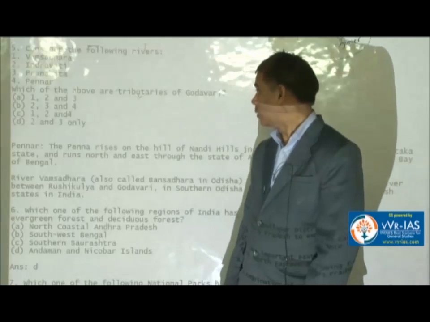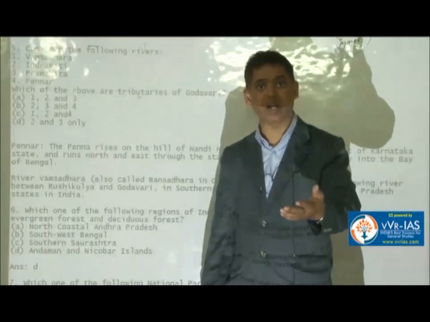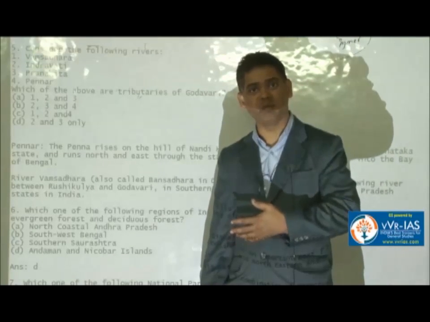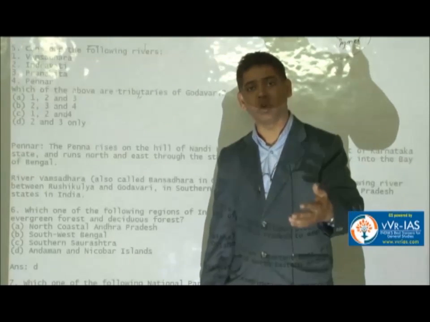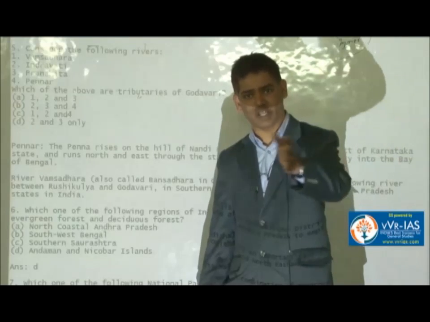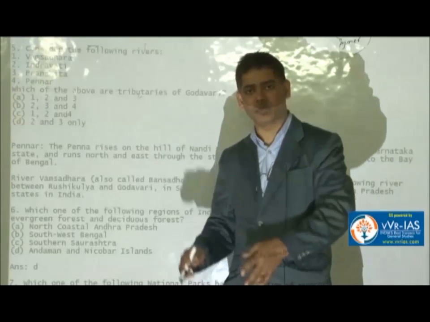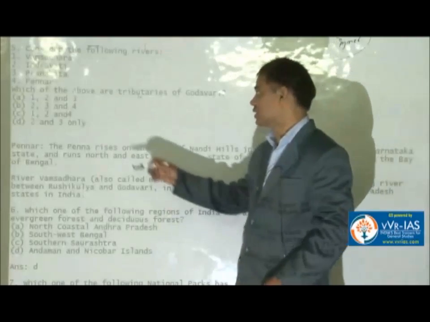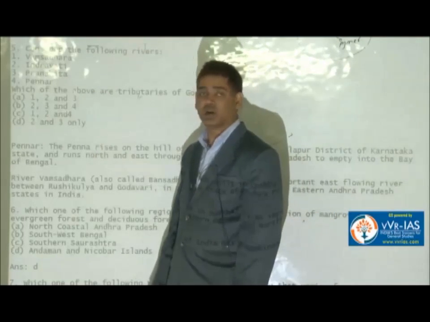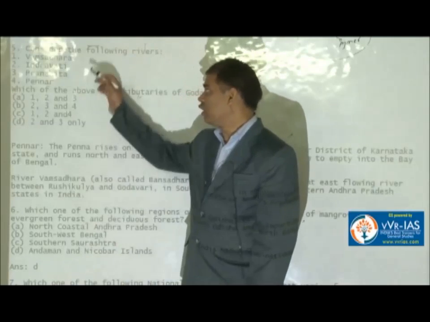So the Pennar river is related to Karnataka and Andhra Pradesh. We start from Nandi Hill. Nandi Hill is not in Bangalore district, but it is on the outskirts of Bangalore. From there it comes into Andhra Pradesh, that is Nellore, and hence I can say this is not a tributary of the Godavari.